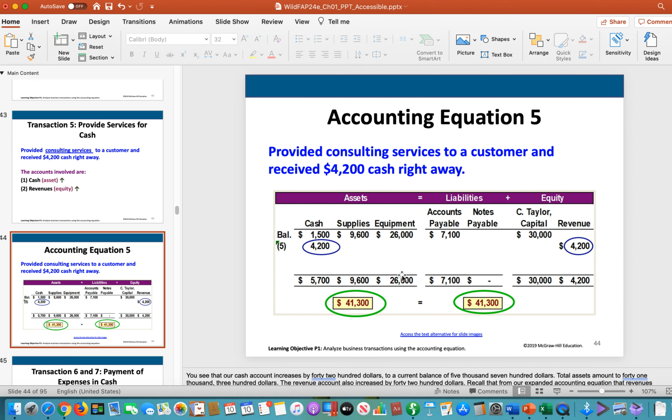And that's the same amount on the asset side. Cash went up. Cash increased. He performed a service and the person paid him cash. So it was an increase in cash and it was an increase in sales or revenue. So both sides went up by the same amount.